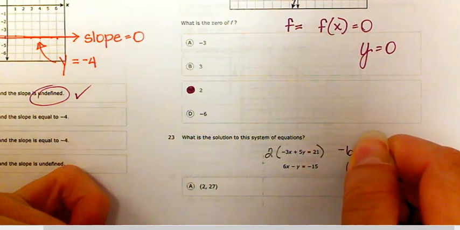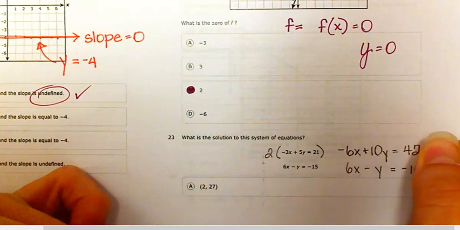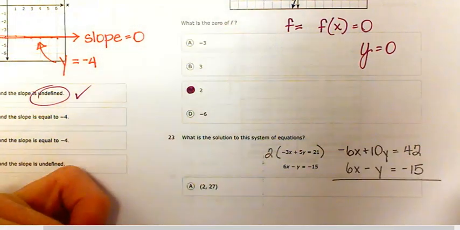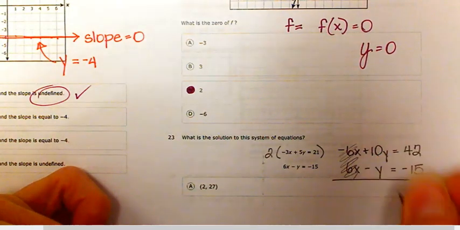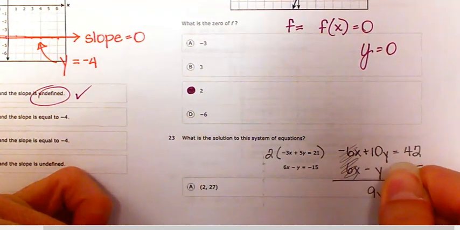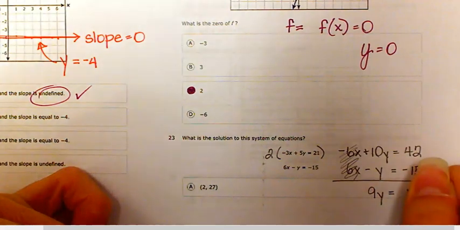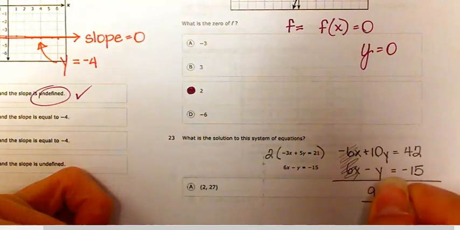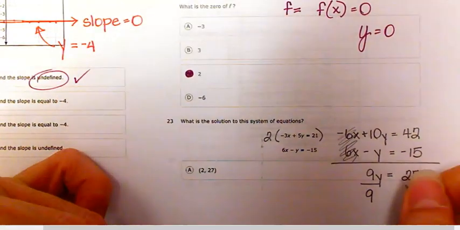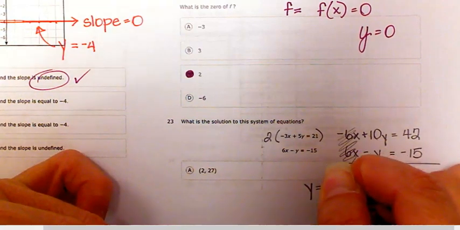And then I'll put this other one underneath it. The -6x and +6x cancel out. 10y minus y, that gives you 9y. And 42 minus 15 gives you 27. Divide both sides by 9. And you get y equals 3.